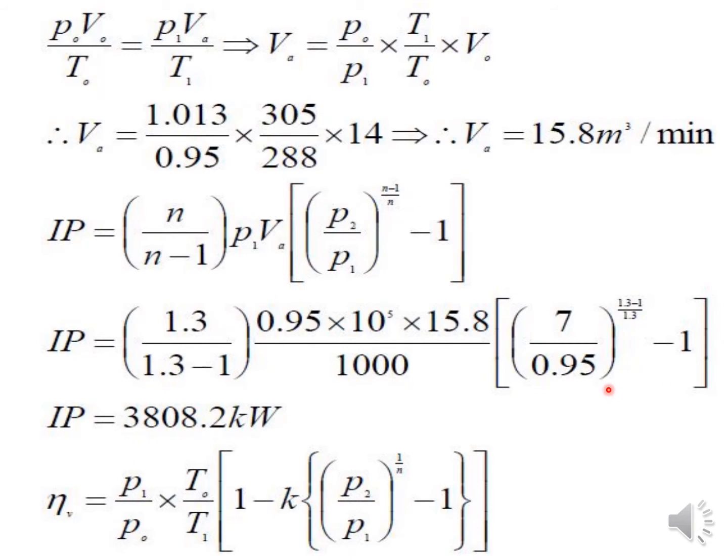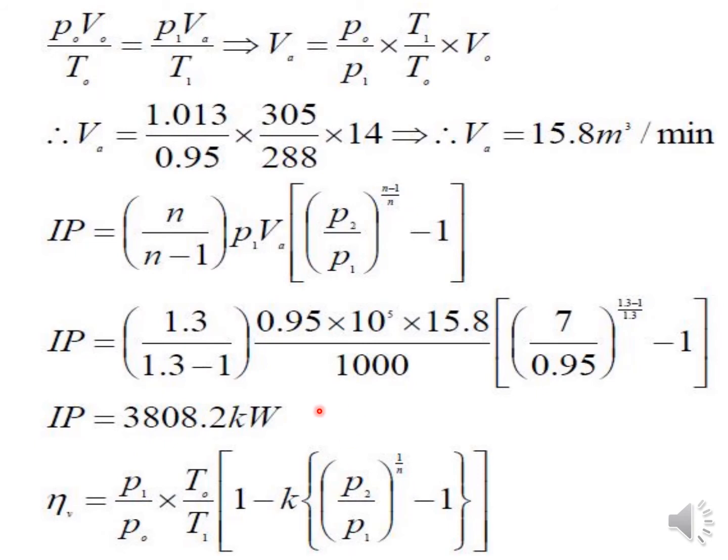P0 is 1.013; don't substitute it here. P1 and P2 are given separately. The P0, V0, T0 are at free air conditions. So indicated power comes to around 3808.2 kilowatts. So this is how we need to calculate.